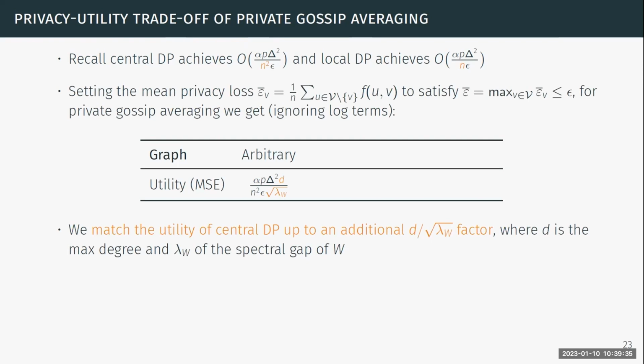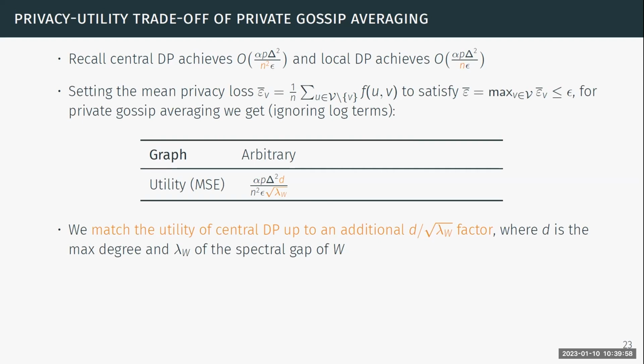So here, a little bit of explanation, because now I need to compare an algorithm for which I have personalized privacy guarantees, where the privacy that I achieve is not the same depending on which pairs of nodes I look at, to these guys, which ensure a uniform guarantee for everyone. It's not so clear how to compare.